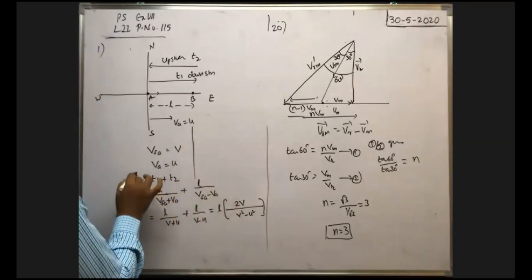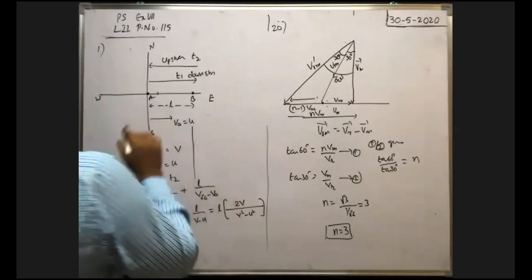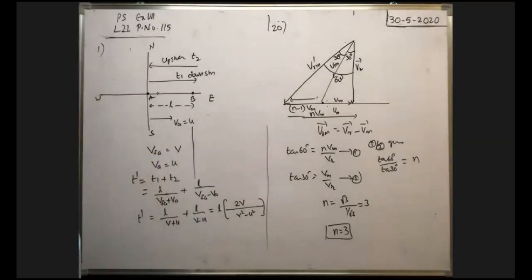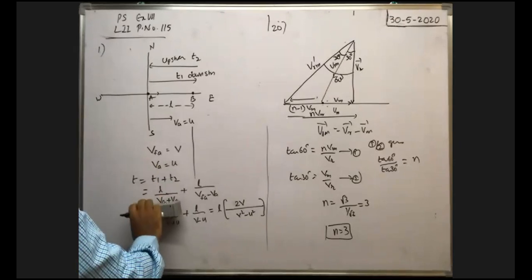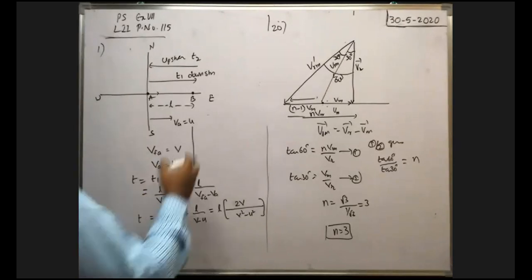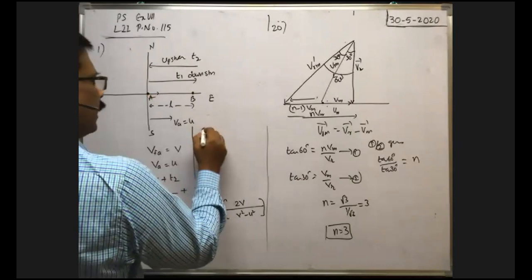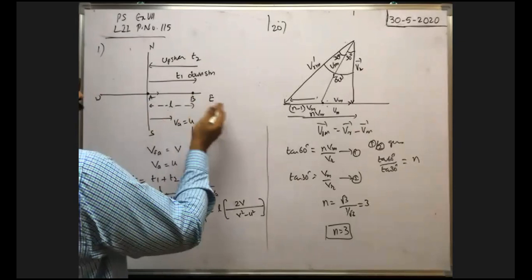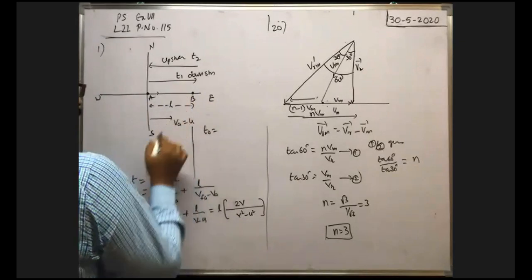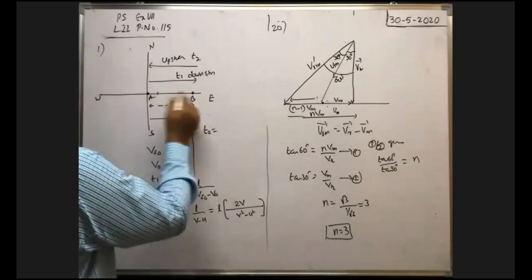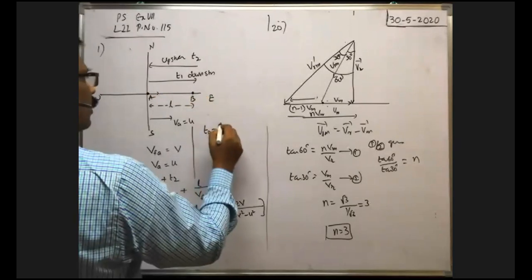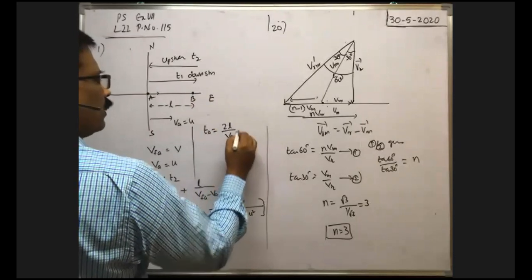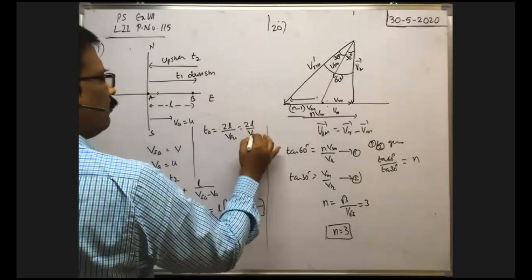In still air, that means whenever there is no airflow, the time taken by the flight to travel from A to B and B to A, as there is no airflow, whatever the velocity of the flight with respect to air, with the same velocity it comes back also. That's why total distance traveled 2L divided by velocity of the flight v of a. That is 2L by v, where v of a means v.